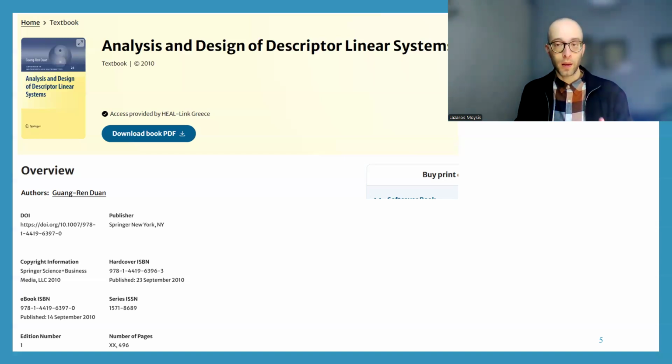Okay, and these commonly do not appear in state space systems. Okay, and they also cover some other special cases where the system may be rectangular, meaning that the number of differential equations and the number of the state variables is not the same. Okay, so descriptor systems basically are a generalized version of state space systems.